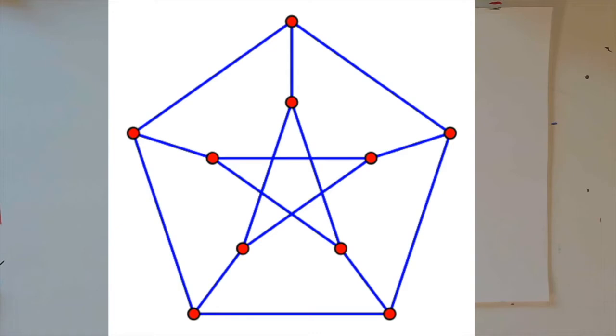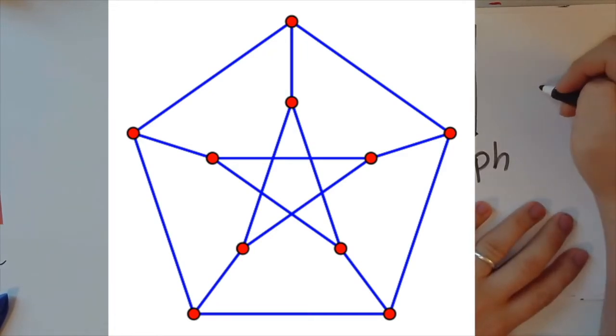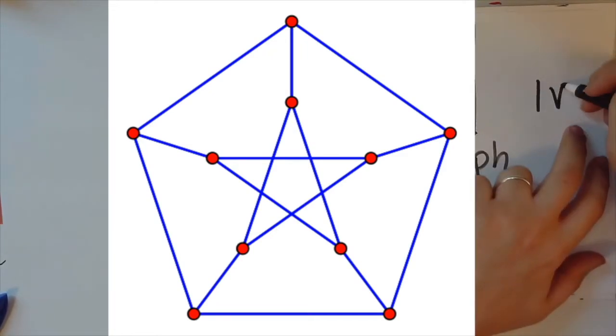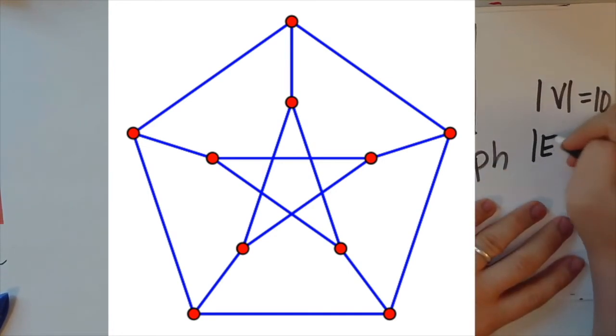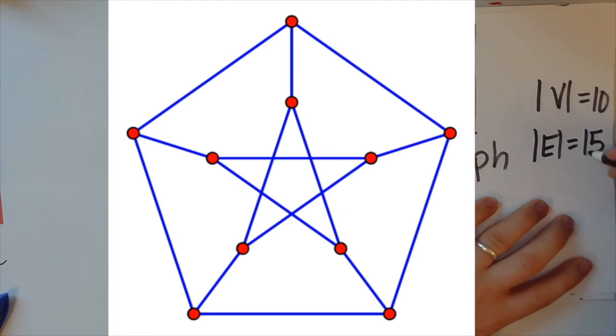So the Peterson graph has 10 vertices, which you cannot see if I write over there. It has 10 vertices. You can see that. And it has 15 edges.